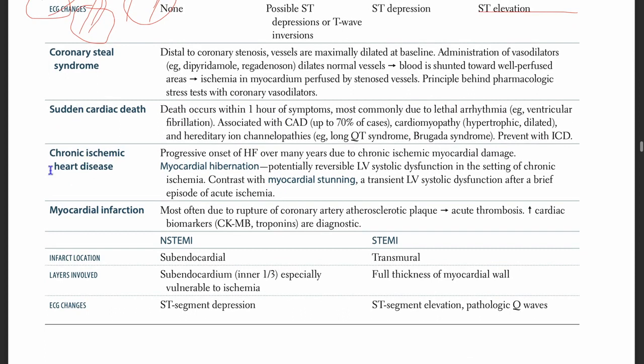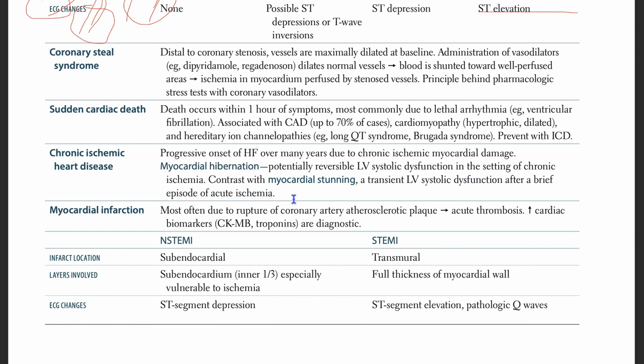Okay, chronic ischemic heart disease: progressive onset of heart failure over many years due to chronic ischemic myocardial damage. Myocardial hibernation is a potentially reversible left ventricular systolic dysfunction in the setting of chronic ischemia. Contrast with myocardial stunning, a transient left ventricular systolic dysfunction after a brief episode of acute ischemia.